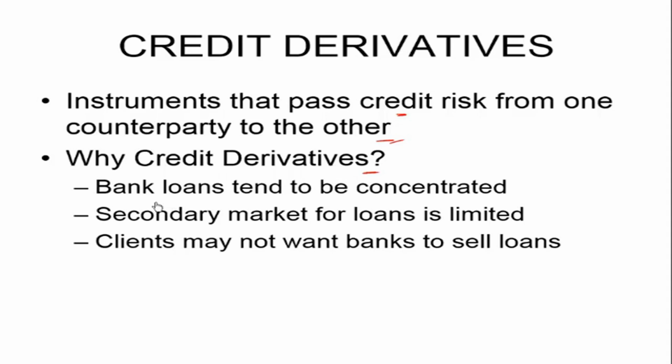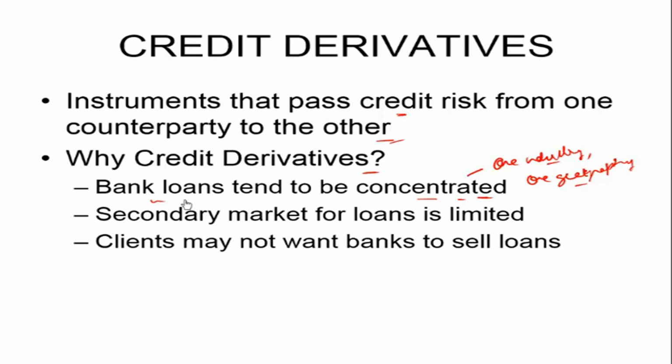If a bank has a very concentrated loan portfolio, concentrated to one industry or one geography, then the bank may feel the need to diversify or reduce its credit risk, because if something untoward happens in this geography or industry, it will be a big loss for the bank. With the help of derivatives, banks can diversify their portfolios.